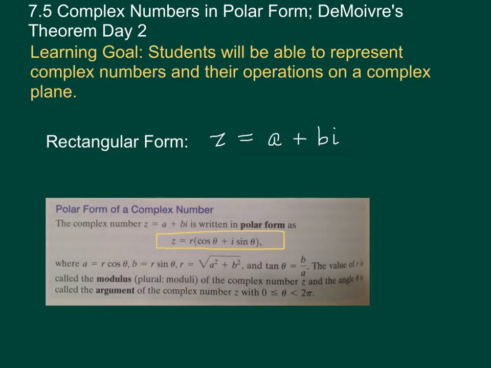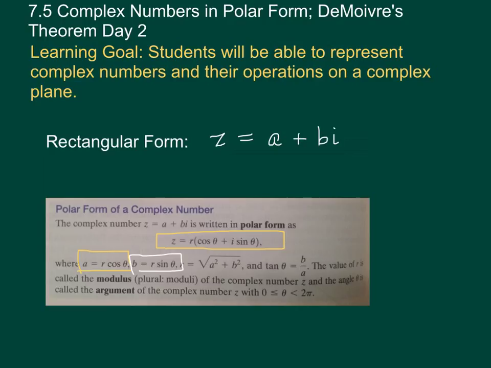And it says where A equals, so here's the formula to help you find A, R times cosine theta, B equals R times sine theta, and then of course R is the square root of A squared plus B squared.